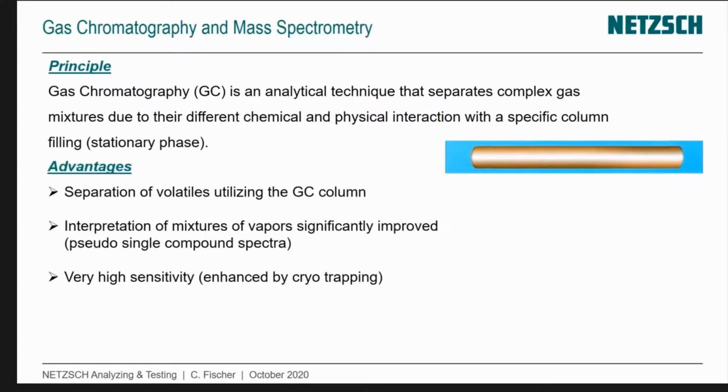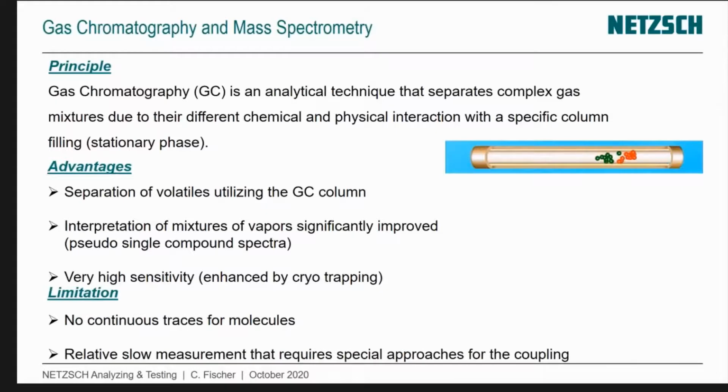The advantage of this method is the separation of complex mixtures by the GC column, which facilitates the interpretation of released gases. The cryotrap option enables a very high sensitivity.